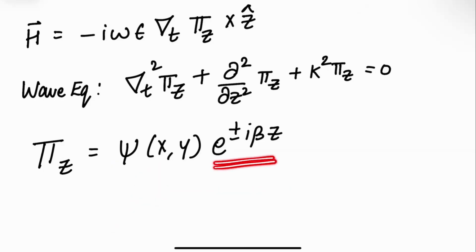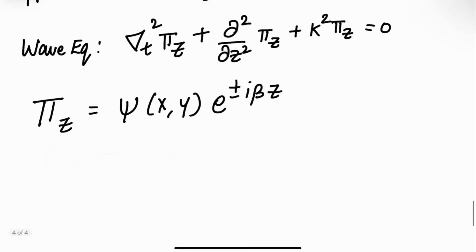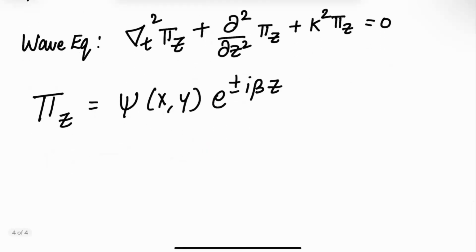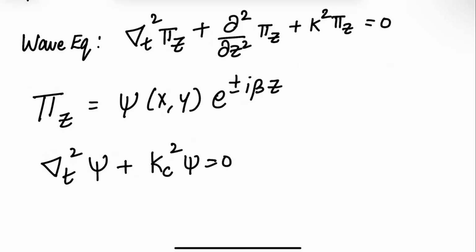There is no variation with respect to z except for this part. This is the kind of solution we are looking for. If I substitute this into the wave equation, that gives me a scalar wave equation with respect to psi, plus kc square psi equal to 0.